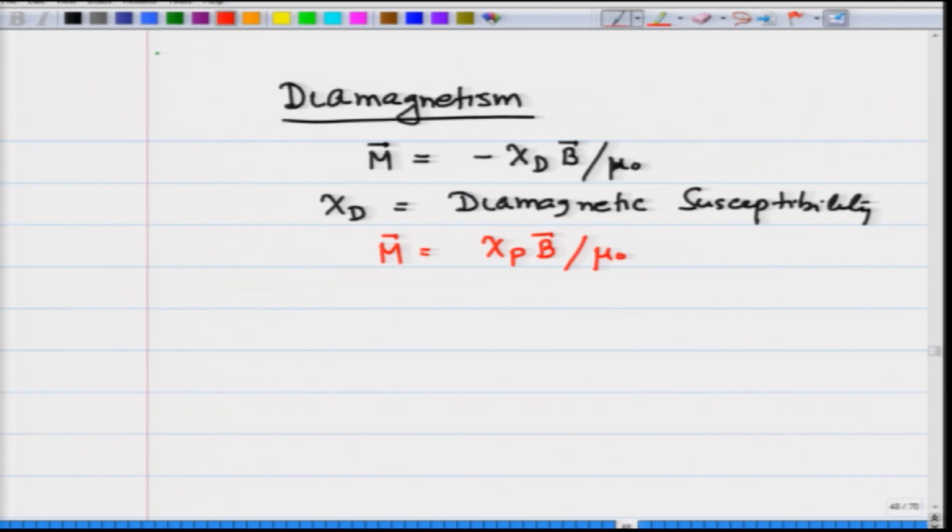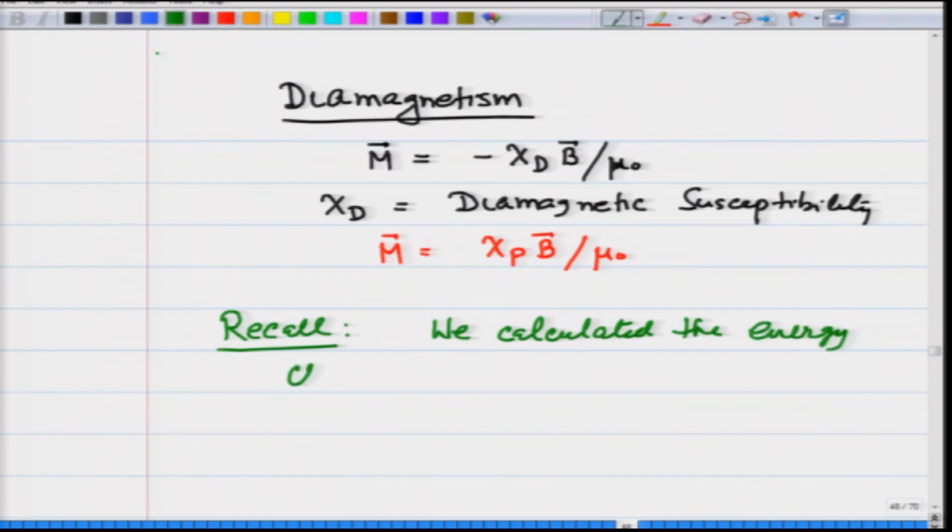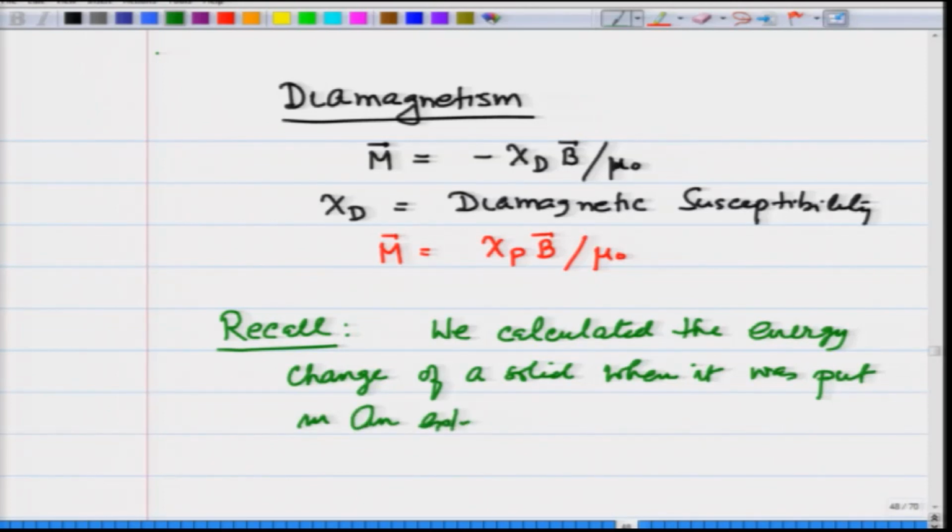for diamagnetic materials. For this, I want you to recall that to calculate the paramagnetic susceptibility, we calculated the energy change of a solid when it was put in an external magnetic field.